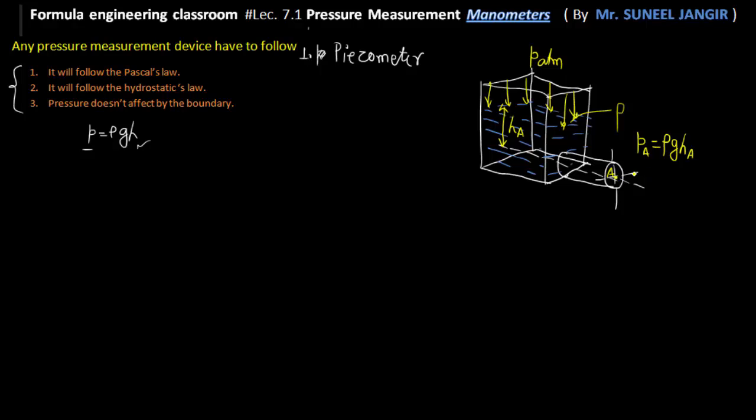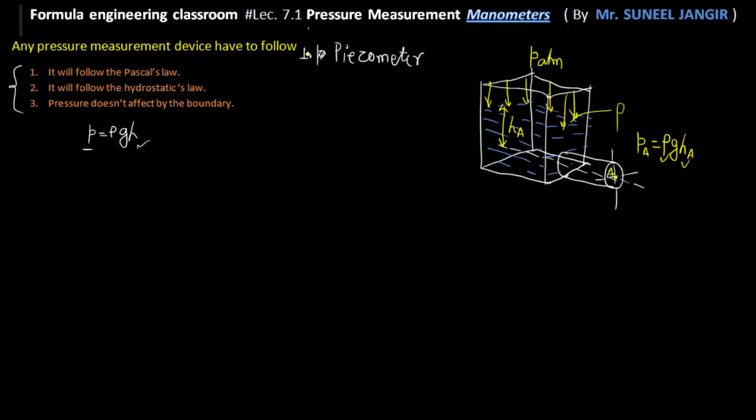So at this point the gauge pressure value is rho g h_A. We can calculate it easily if we know the density of the fluid and the height of the free surface from point A.